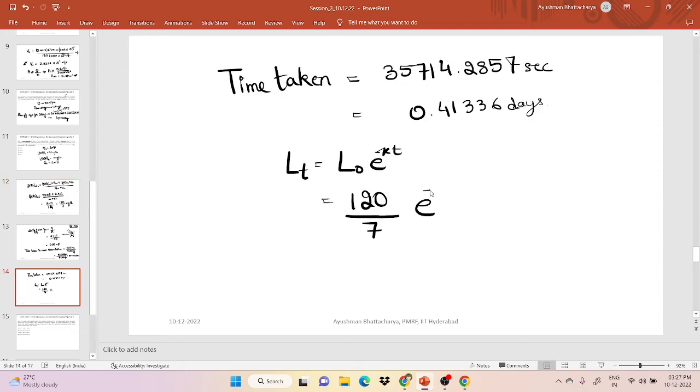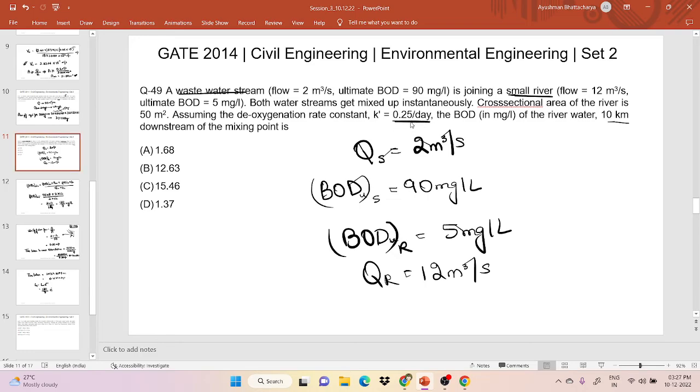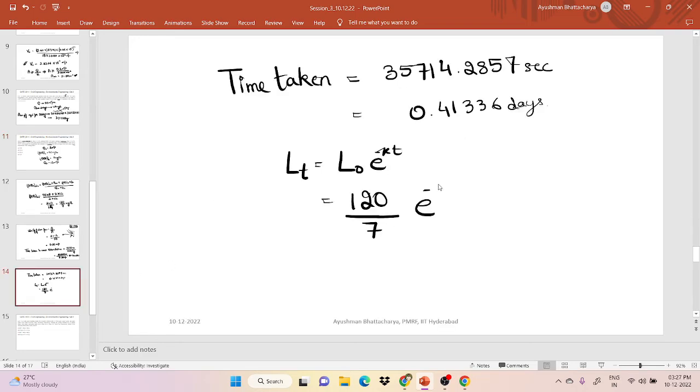K value they have given as 0.25 in the question. Here it is minus 0.25, and time in days we have just now calculated, 0.4136. So L t will come out to be 15.46 milligram per liter.